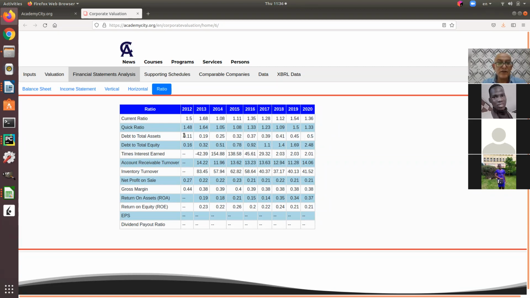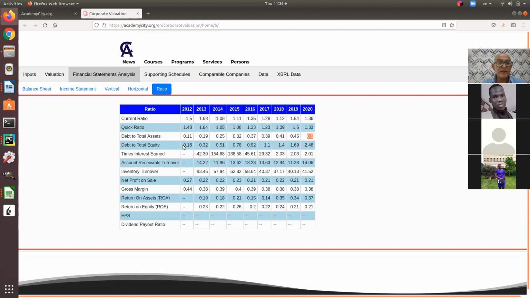Debt to total assets used to be very low, about 10%. How much is it today, in 2020? 50%. Well, Apple has become heavily financed by debt. It didn't used to be; it used to be only 10%. Now it is 50% financed by debt. Wow, we mentioned that last time. What about the ratio of debt to equity?